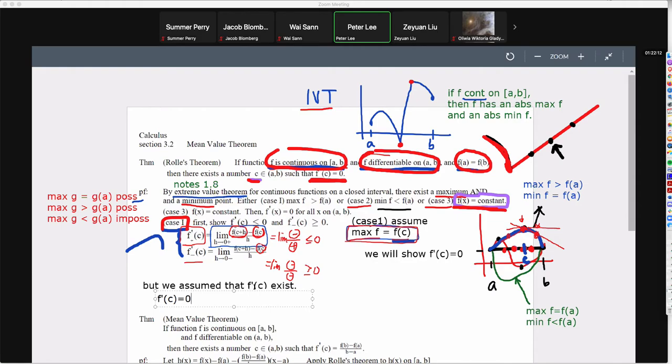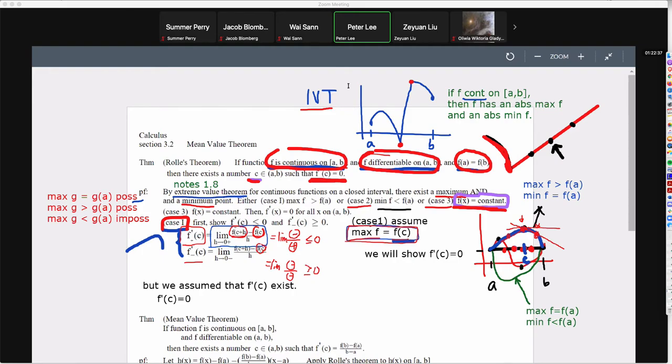So we know that the two-sided derivative must equal the right derivative and the left derivative, and they must be the same number. One is less than or equal to 0, the other is greater than or equal to 0, so the only possibility is 0. So what we have shown is that at the point where we reach the maximum, the derivative is equal to 0.